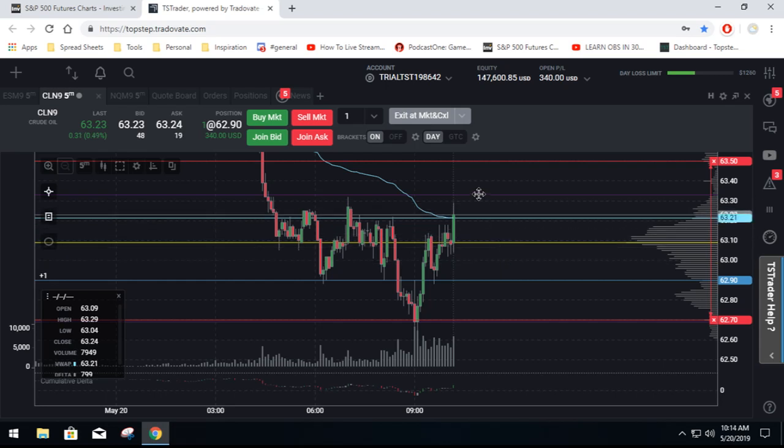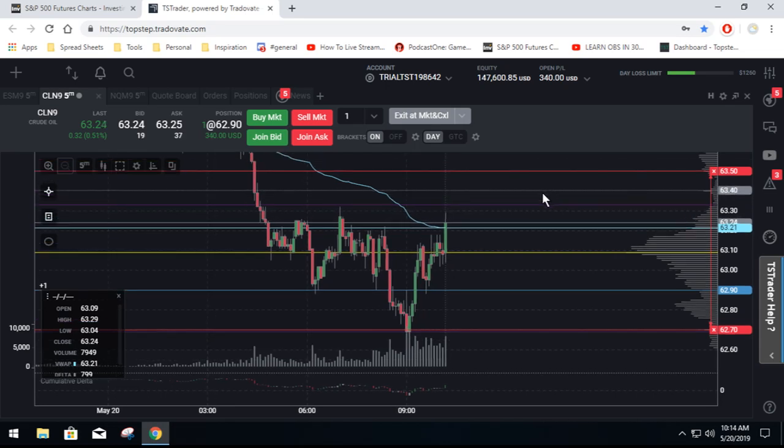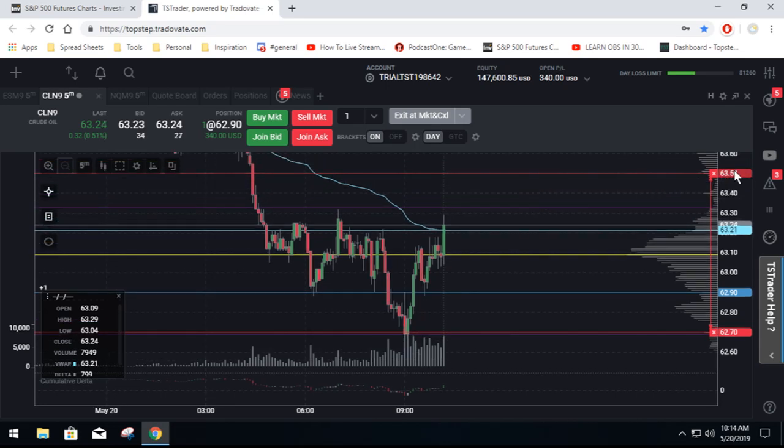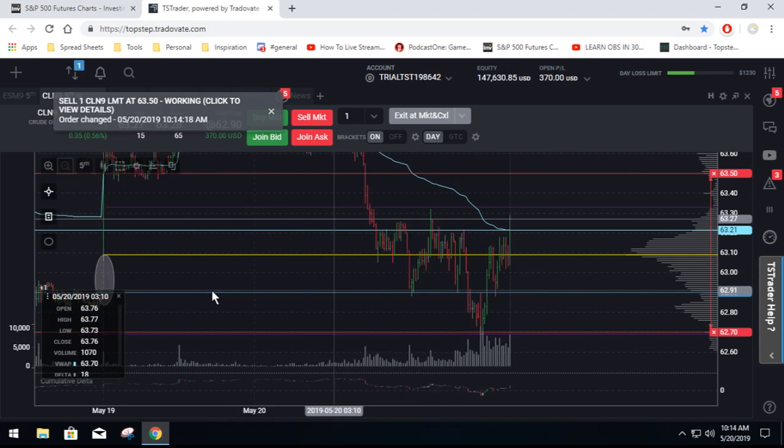Right, so I don't have anything against anybody taking profits right here, you could go for your 1-to-1 trade, a little more than 1-to-1. I'm looking at my 50s as my extended targets.